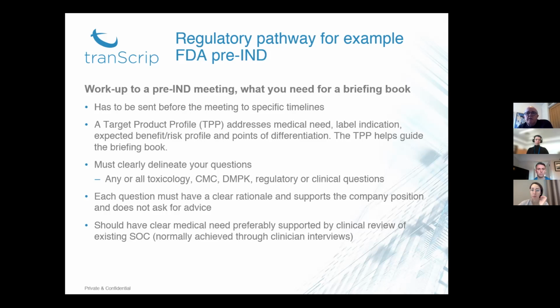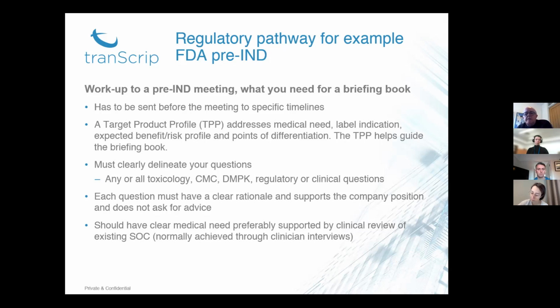It should look at, and this is particularly true in Europe, the benefit risk profile. This is a technical term which literally balances the expected benefit against the risk that this is poisonous to some patients. And then obviously the points of differentiation refer to what is the standard of care currently.